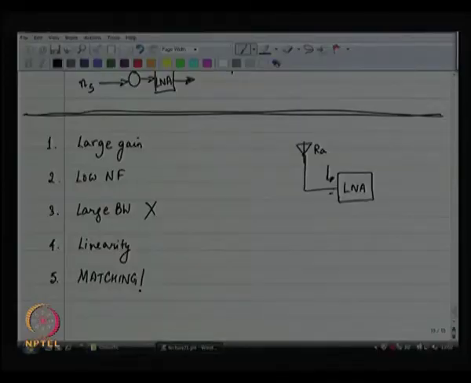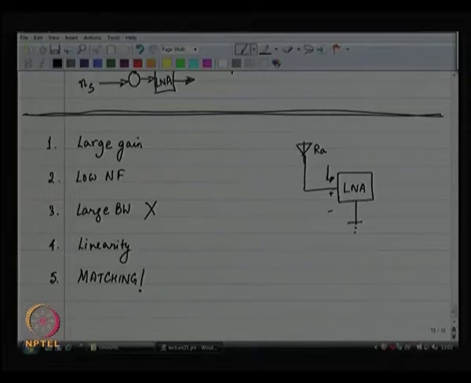Am I right? If you do maximum power transfer, then you will get the maximum possible gain at the output. So, if you do maximum power transfer, then you will get the maximum possible voltage at the input of the low noise amplifier, which means that you are going to get the maximum possible output voltage of your low noise amplifier, total gain of the system will be maximum, right, if you have maximum possible input voltage.